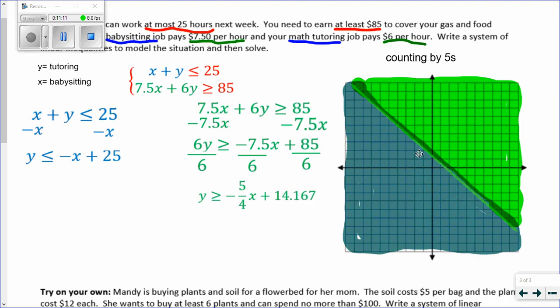And then I shaded below because it's less than or equal to. You know what, guys? This one, we're going to ignore because it's a bad example. I'll give you a better example in class. But basically what happened is this little overlap right here, those were where my solutions were, which was not a lot, but I could find them so I could figure out how many hours I can work.